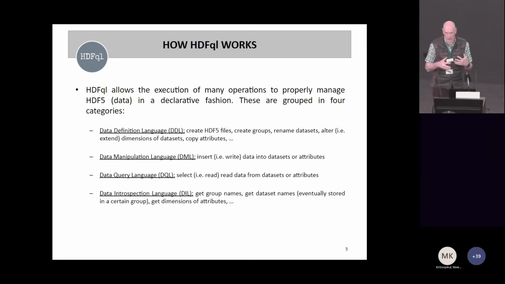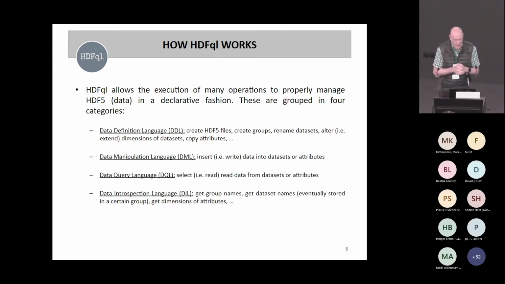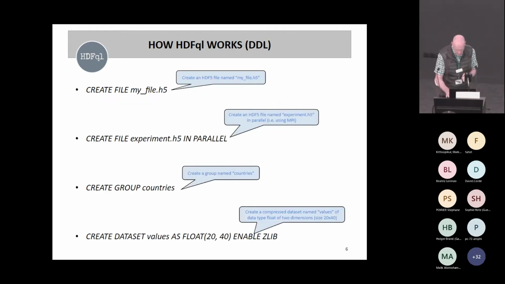And obviously it's also a query language, that's what the Q is for, where you can read data from data sets. In the case of HDF, that would be hyperslab selections, point selections and so forth, or get the values of attributes. But it's also a data introspection language where, like in a database, you would interrogate the catalog to find out what the tables are, what the types of the columns are, and things like that. And it serves that purpose as well.